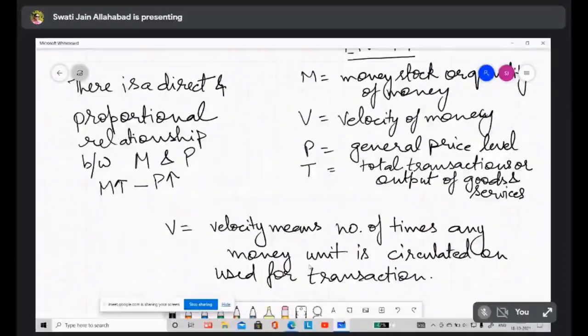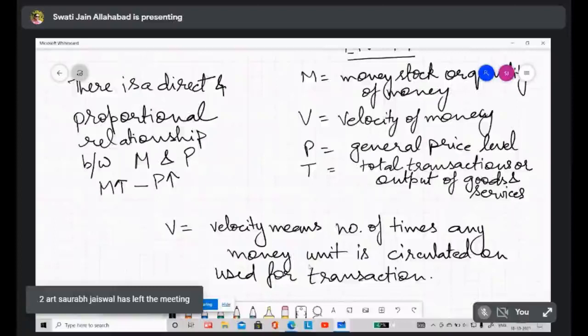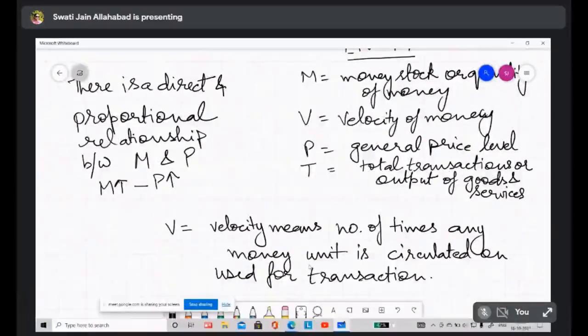Now, when that person makes the transaction, that same 10 rupee note goes to someone else. Then when the third person does the transaction, the same 10 rupee note goes to someone else. So that's how the money is circulated. So this same money unit is passing through various hands, and that is velocity.